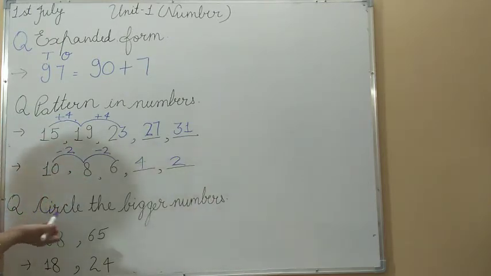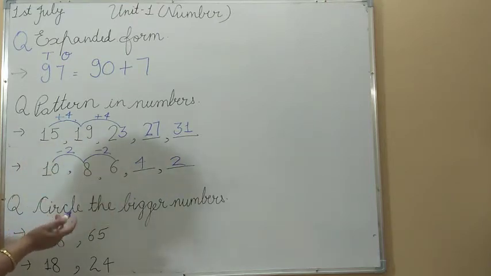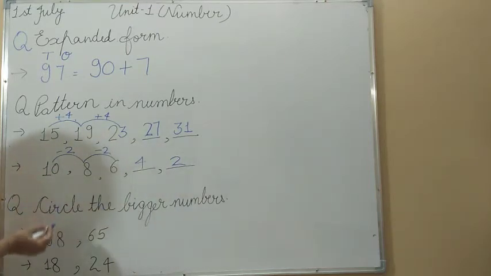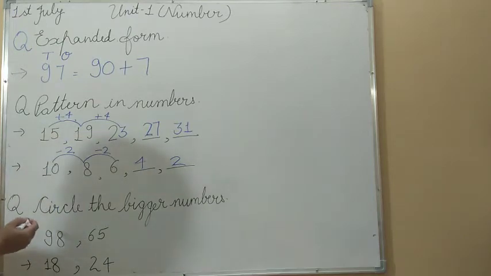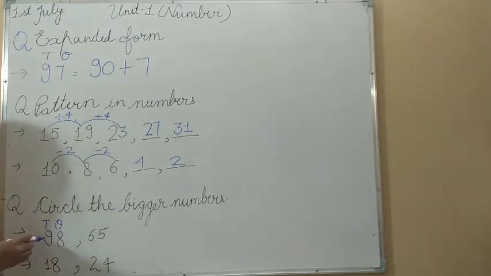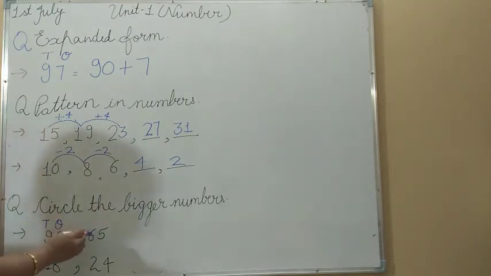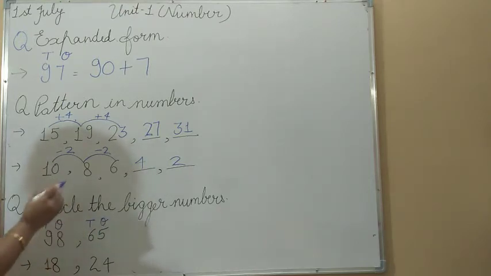Now circle the bigger number. What is the formula to find out the bigger number? We have to check the numbers at their tens places. In 98, 8 is at ones place and 9 at tens place. In the same way, in 65, 5 is at ones place, 6 at tens place.